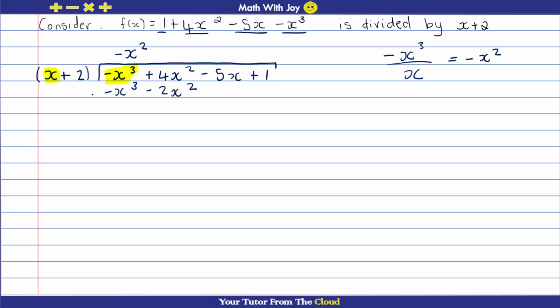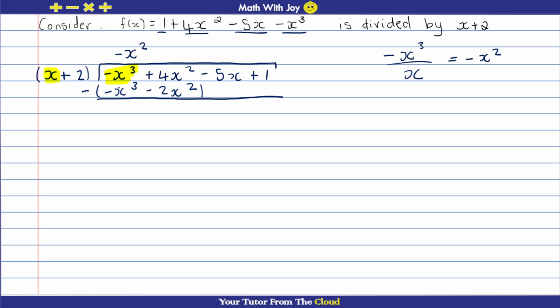Now what needs to happen is that you need to subtract these terms from the ones at the top. So I'll draw my division line here. Basically now you have minus x to the power of 3 minus minus x to the power of 3.